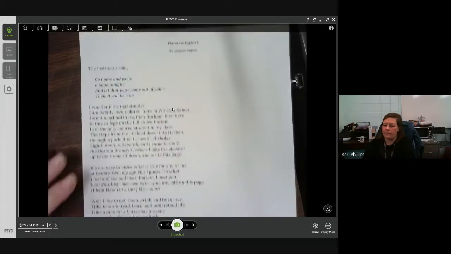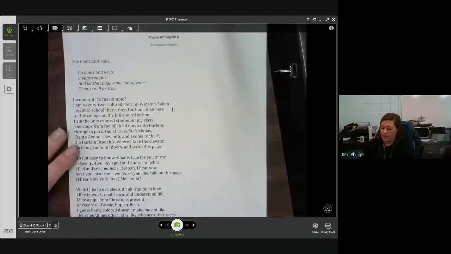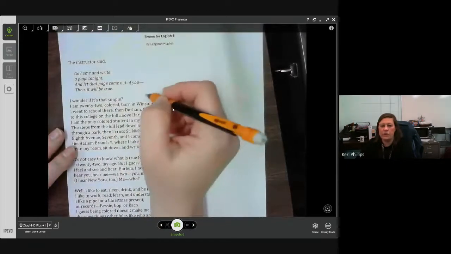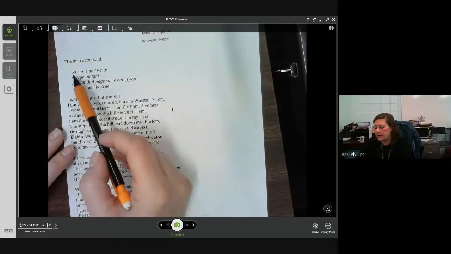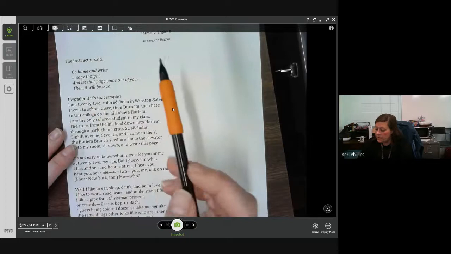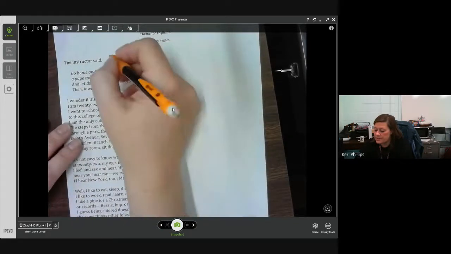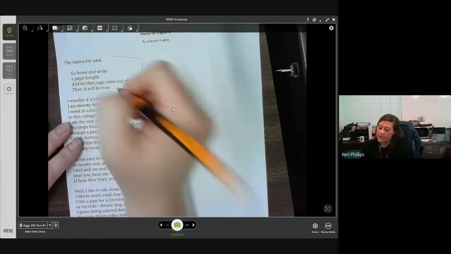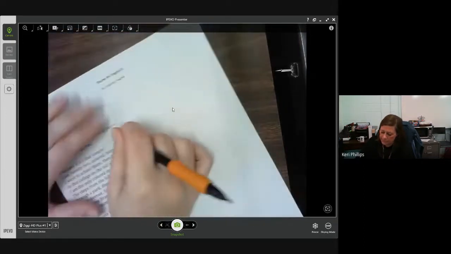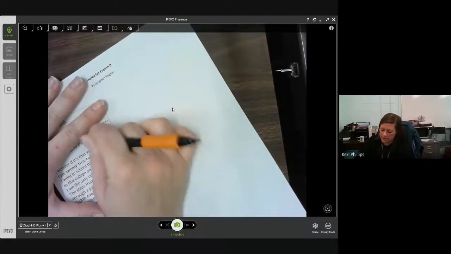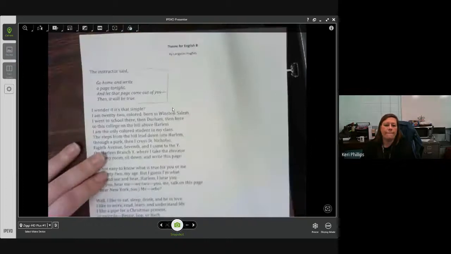So already, without having read it, I'm looking at this, and this is its own little chunk, because one, it's set aside, it's in text. It says the instructor said, and so this is probably dialogue. So I'm going to chunk that on its own with the first line. Sorry, I'm going to need more space than that.